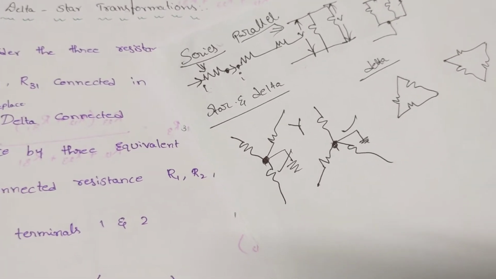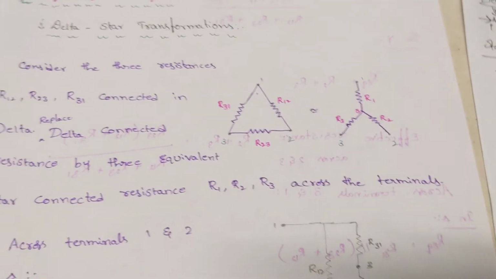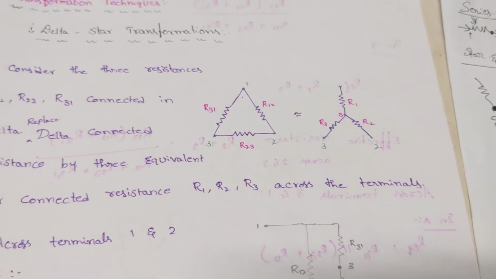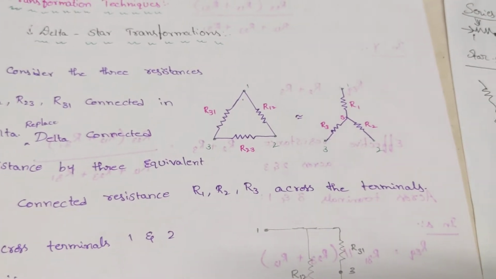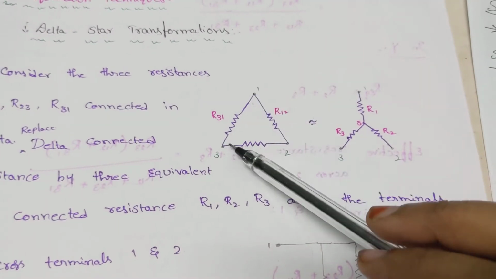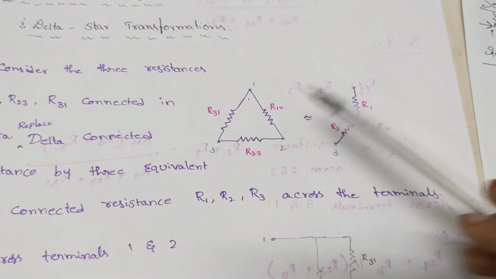Here I am considering resistances, and the way of representing these three resistors is with the terminals 1, 2, 3.